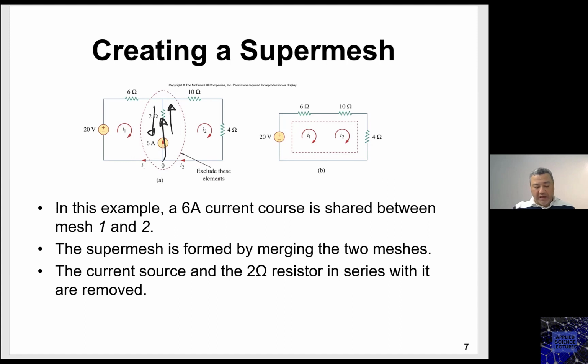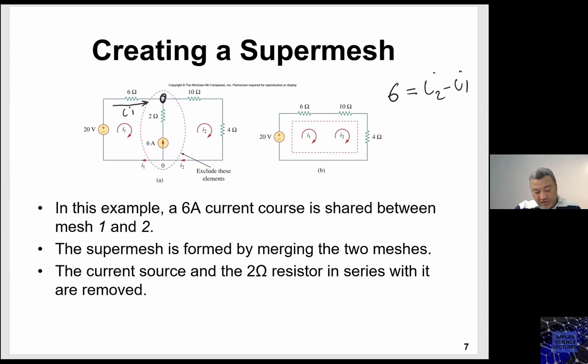This means I should write an expression here. This expression says that this 6 ampere is indeed the difference between both mesh currents, which is I2 minus I1. Now, some of you would say, well, where did you come up with this expression? Why is it I2 minus I1? Why is it not I1 minus I2? I would say, if you apply KCL right here, remember I1 is going this way, right?